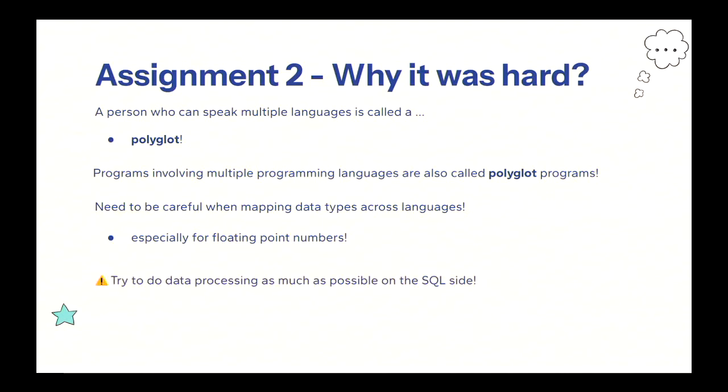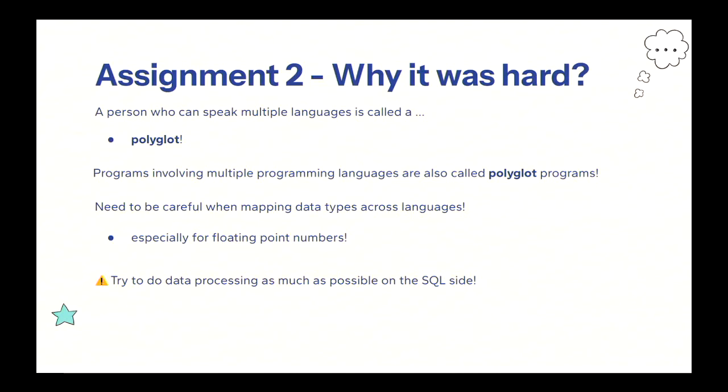And another thing is talking about which side of the code to do things on. For this assignment, you should try to do data processing as much as possible with SQL instead of Python. Some students just use the cursor to fetch all data from all the tables and do the data processing with Python.